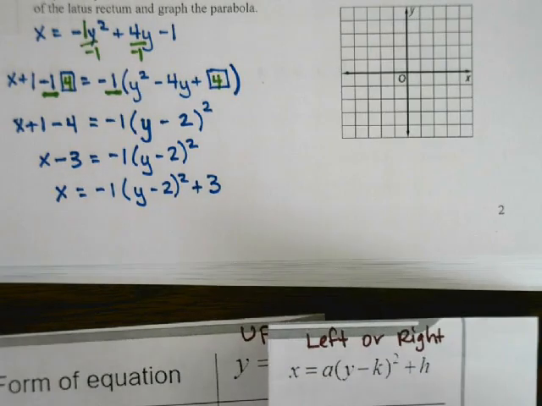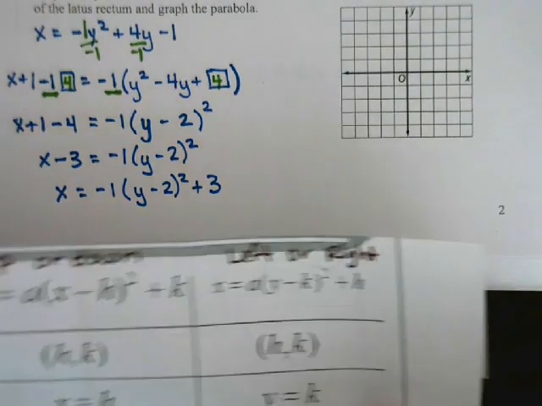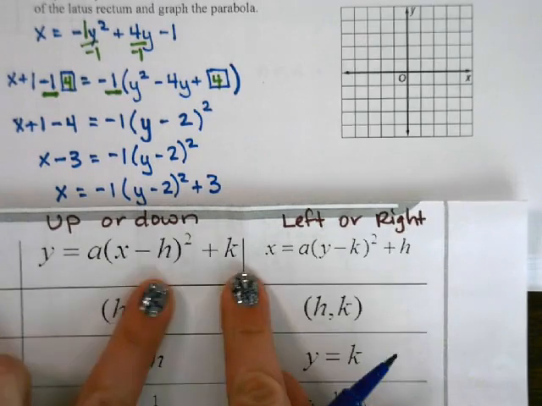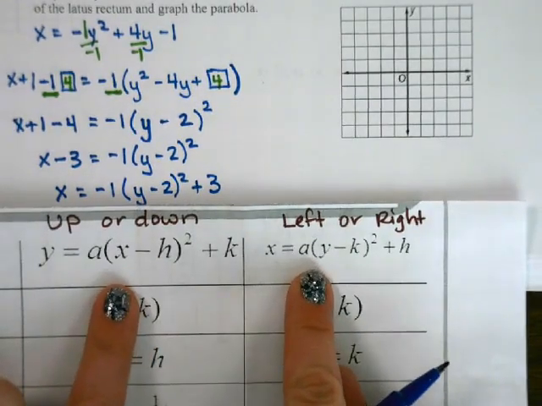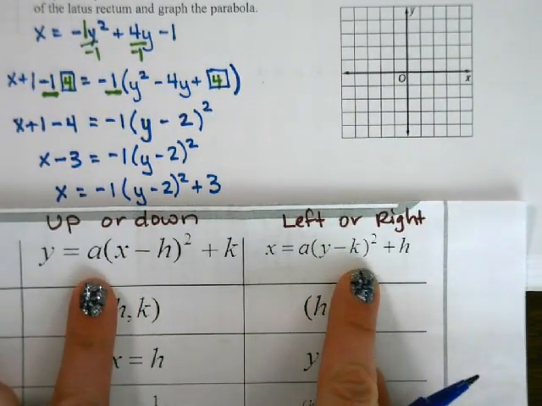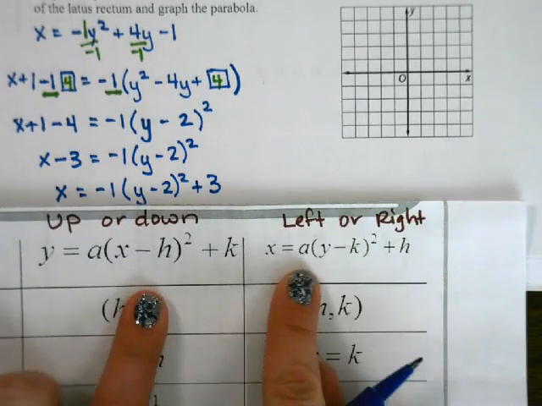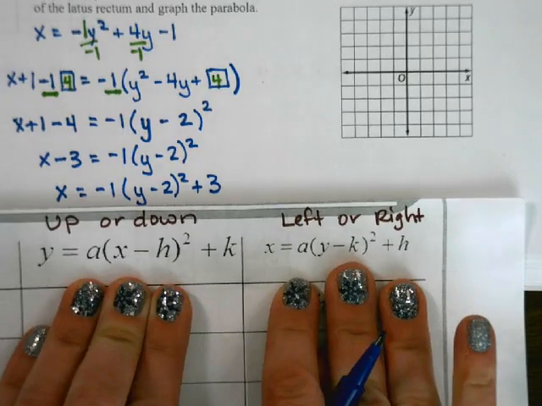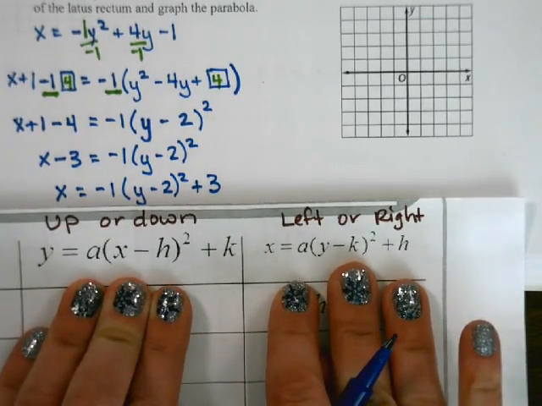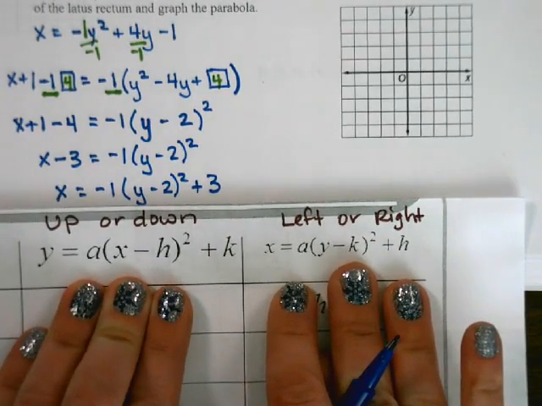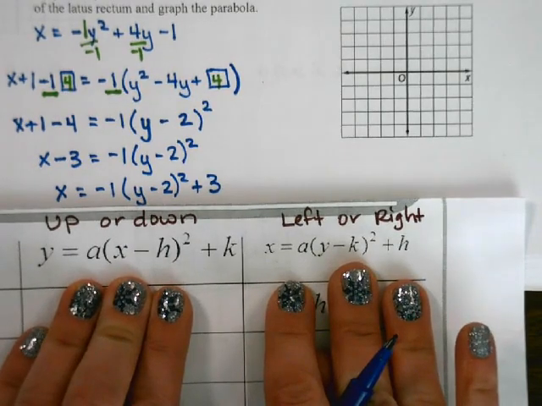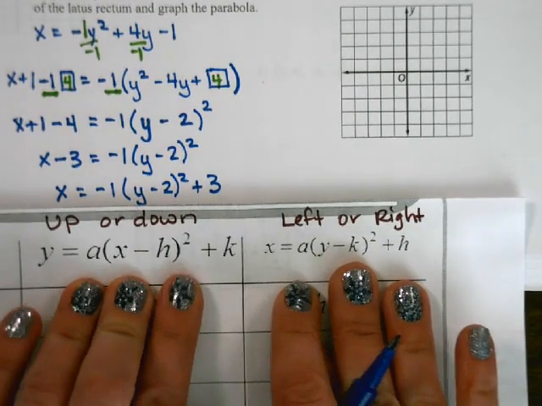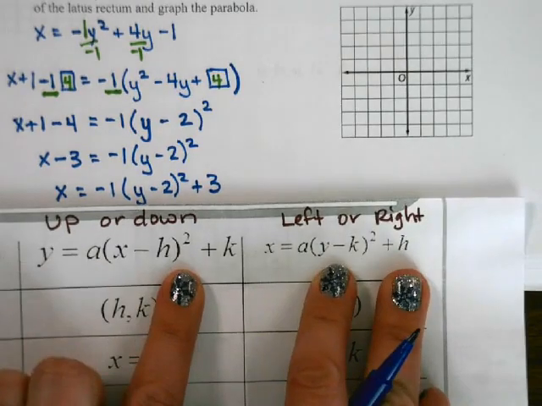Okay, now, look at your formula sheet. What do you notice between ones that open up and down and ones that open to the left or right? The K and the H are flipped.